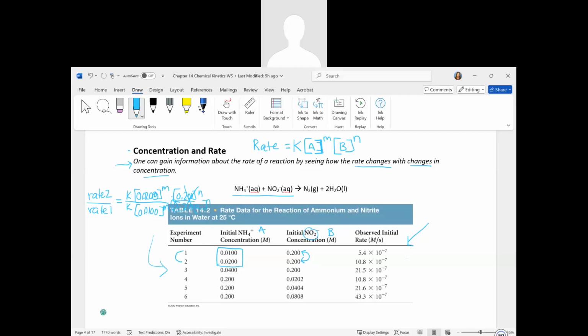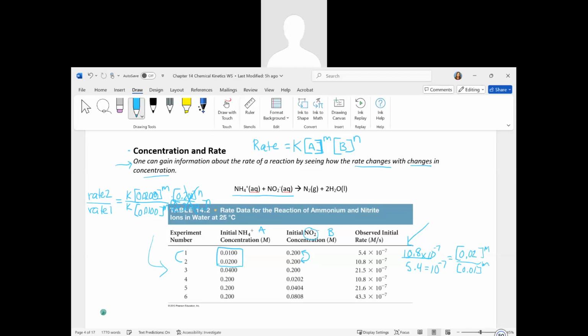So we have rate 2 on top, 10.8 times 10 to the negative 7 divided by 5.4 times 10 to the negative 7. And again, we would set that equal to our concentration, 0.02, the higher one, over 0.01 raised to the m.